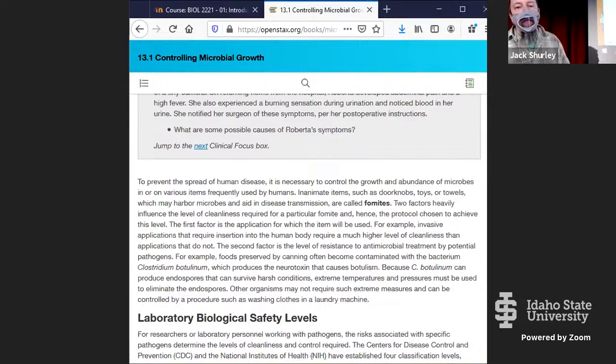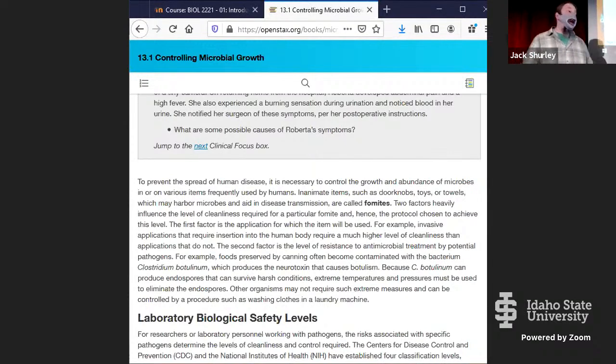Kirby-Bauer disk diffusion and E-test, and are they qualitative or quantitative? It would be super awesome if I could tell you which chapter this came out of, but I can't right off the top of my head. That doesn't matter. It's some of the antibiotic susceptibility stuff that we're thinking about.